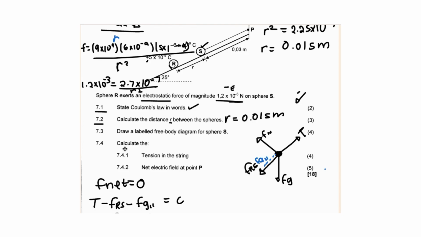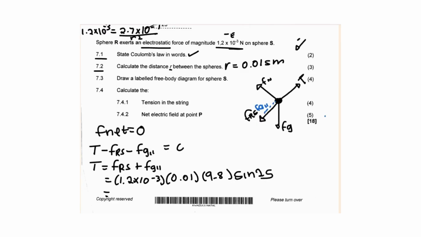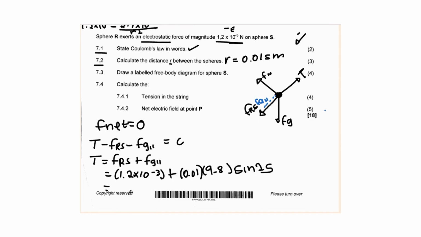I have mg, which is 0.01 times 9.8, or it should be, they should be added, sorry. So there must be a plus there. I'm just going to quickly fix it, because now I see I've multiplied everything. Plus 0.01 times that, which I'm also going to fix. Then I have T to be 0.04 newtons.